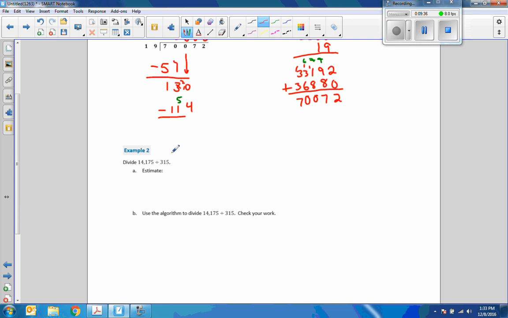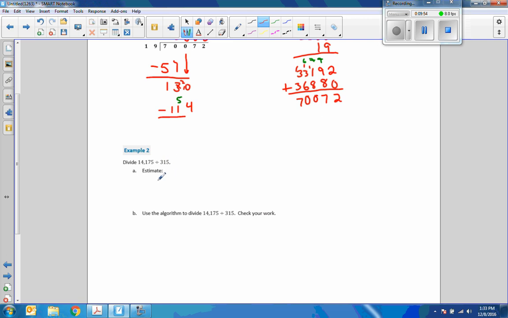So what can we do? We could round either way. There's a couple of ways to do it. So let's round this up if we're going to round this down.